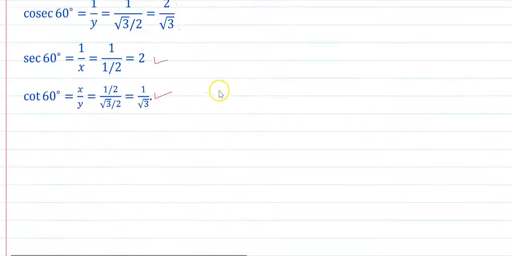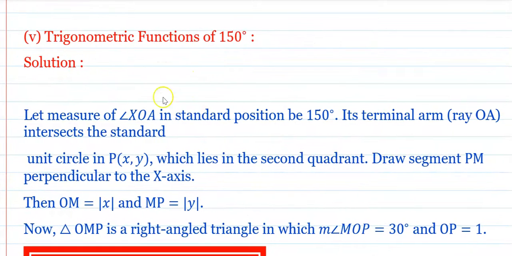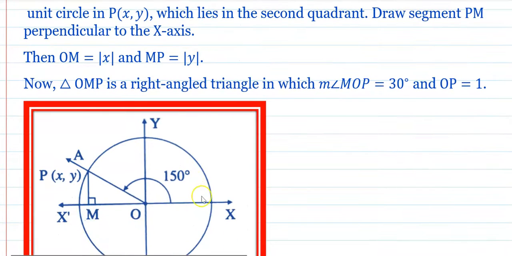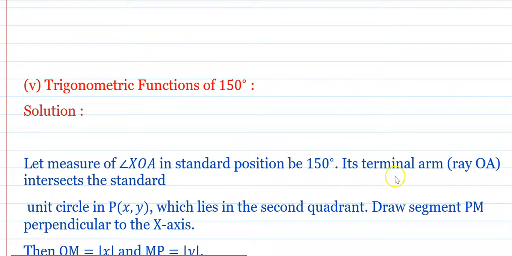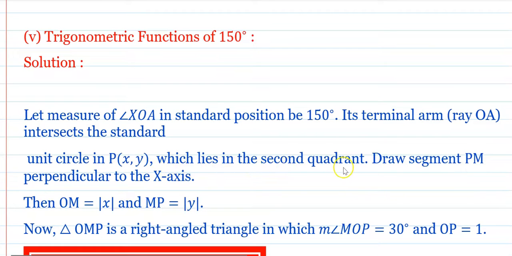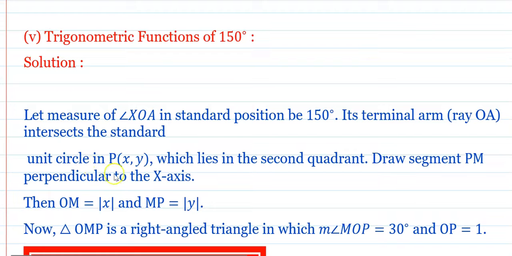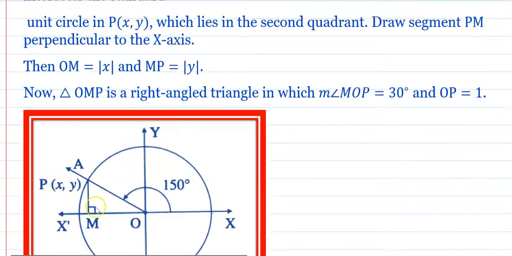Now the next problem. Trigonometric functions of 150. Again, let the measure of angle XOA in the standard position make an angle of 150 degree. Its terminal arm, that is OA, intersects the standard unit circle in P, which lies in the second quadrant. Draw PM perpendicular to the x-axis.